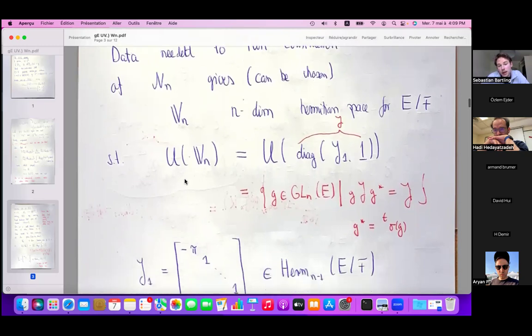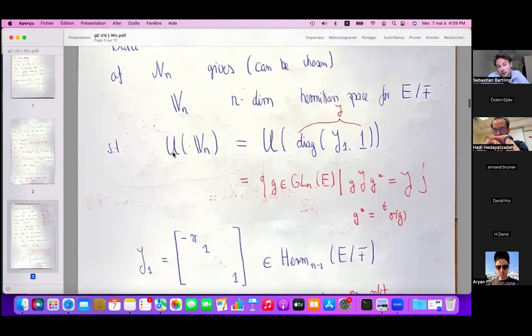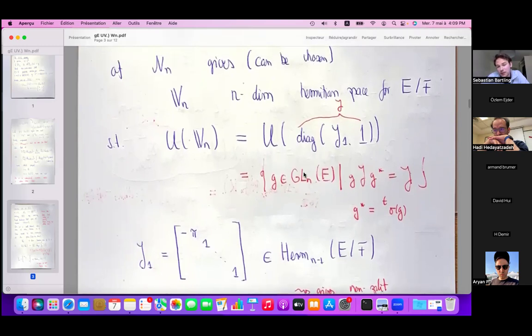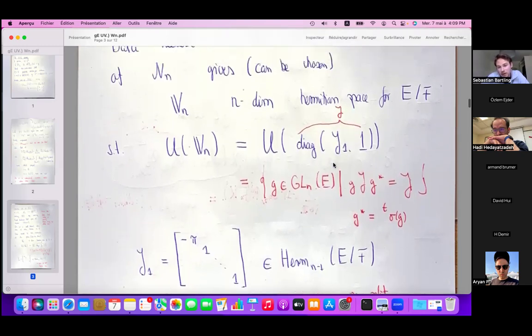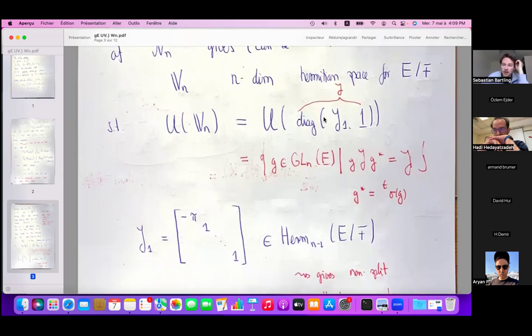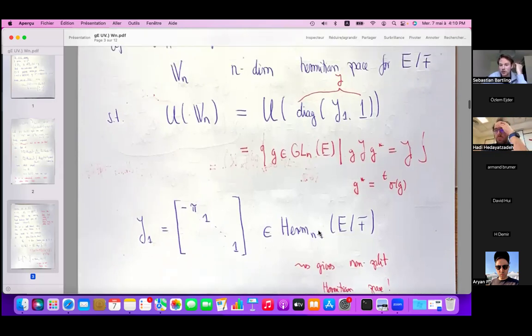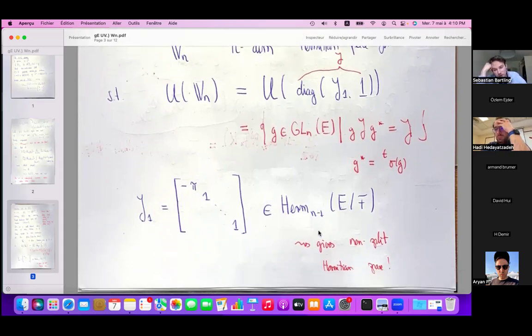So I can use this to construct a unitary group, which by the setup will be the unitary group of a Hermitian matrix J, of the form diagonal J1, 1, and the J1 can actually be chosen to be of this form. So this will correspond to the non-split Hermitian space for this quadratic extension.